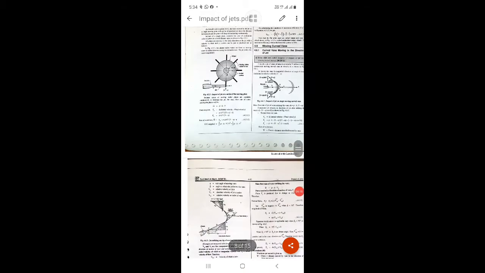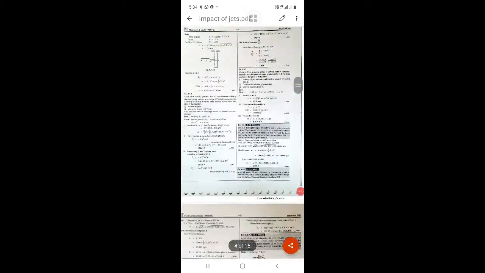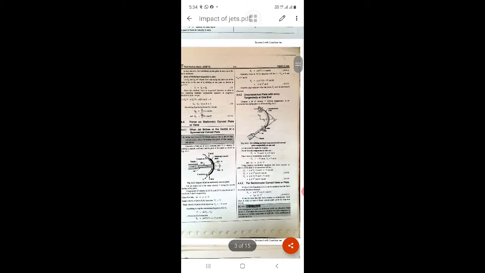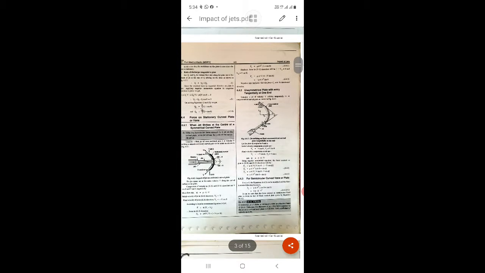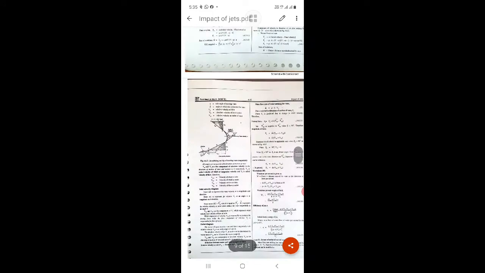So the next case is the unsymmetrical plate, fixed plate. Unsymmetrical means there are two angles. Theta is the inlet angle, phi is the outlet angle.